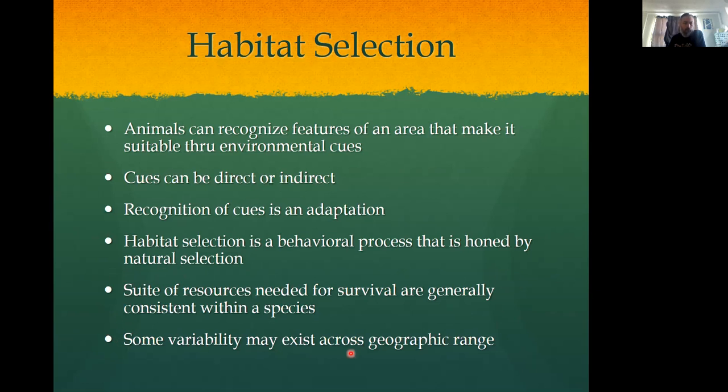Although depending on where we're at, if we have a large range for the species, there may be some variability within that. If you have a range that includes both dry climates and wet climates, obviously habitat in a drier climate might require a source of standing water where a wet climate may or may not.